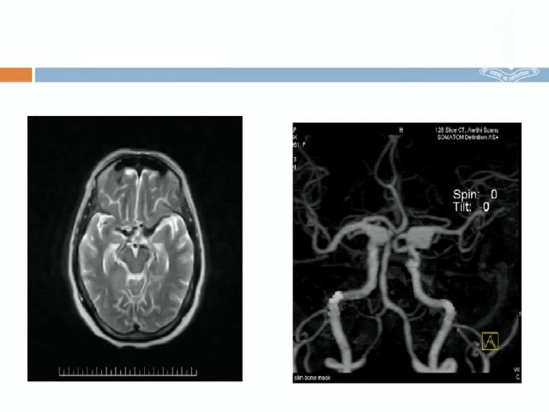Incidentally, she had an ICA aneurysm which didn't have any neurological manifestation. So this aneurysm is a life-threatening intracranial pathology. Why? Because if there is a risk of rupture, subarachnoid hemorrhage, the patient loses consciousness, coma, the mortality is going to be high if you don't detect it earlier.